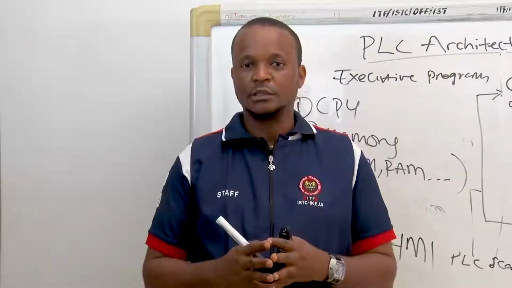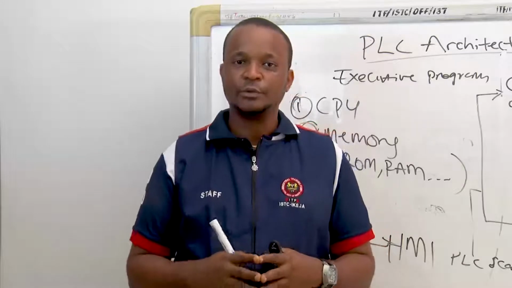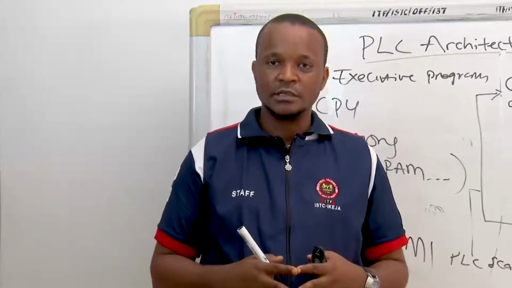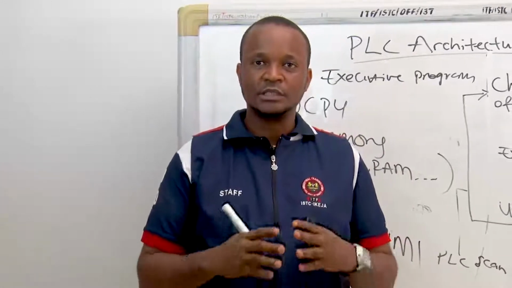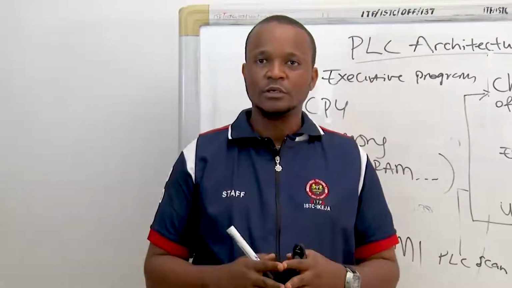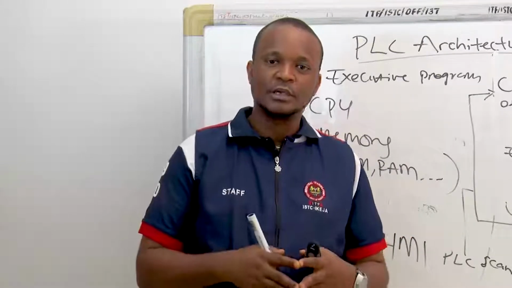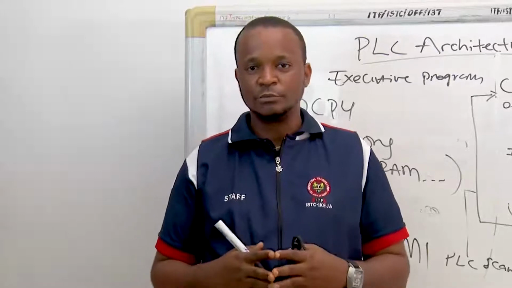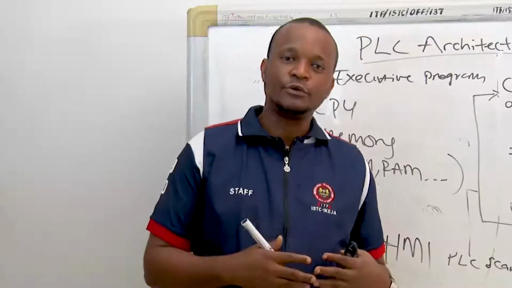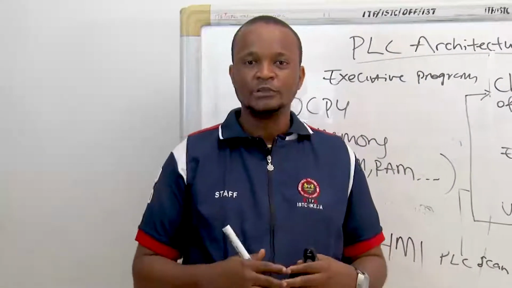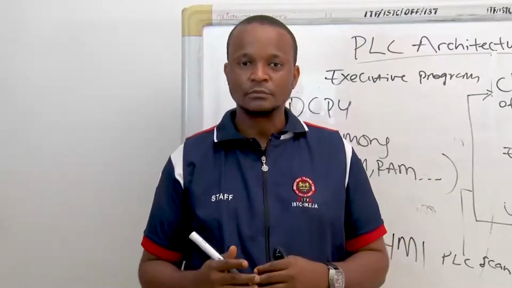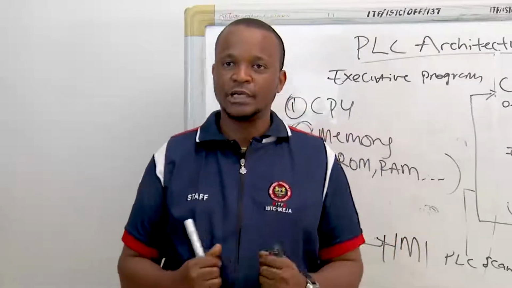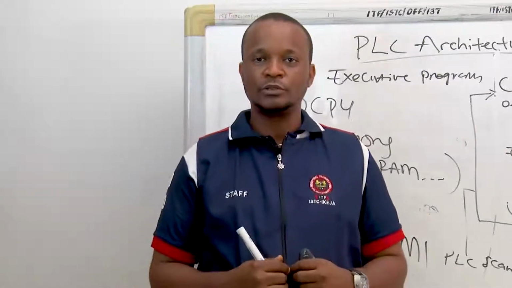But an iPhone is an example of a closed architecture. A closed architecture is a system which the designer makes it difficult to connect devices and programs by other manufacturers. In other words, you must get an iPhone's charger to charge an iPhone. You cannot use an Android phone to charge an iPhone. So that is just a quick example of open and closed architecture.